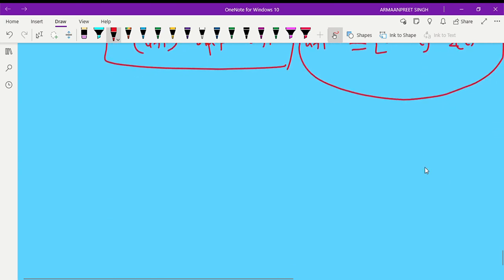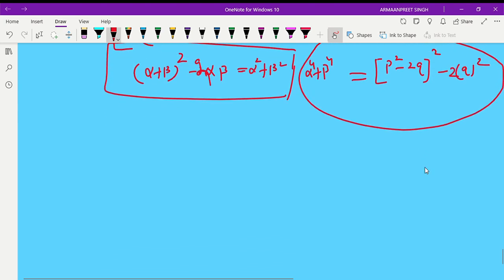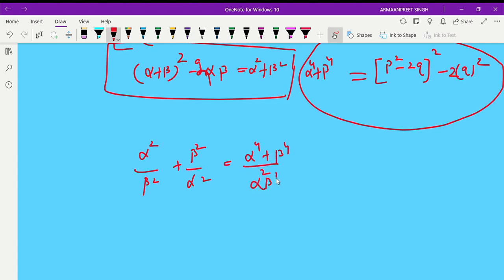Now our expression is alpha square over beta square plus beta square over alpha square, that is alpha 4 plus beta 4 over alpha square beta square. This can be written as, now put the value of alpha raised to the power 4 plus beta raised to the power 4.